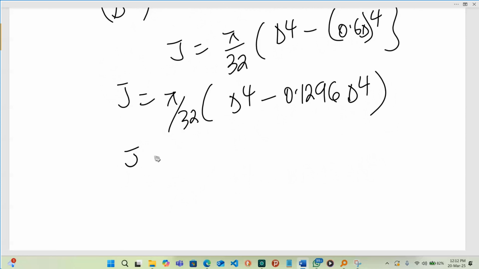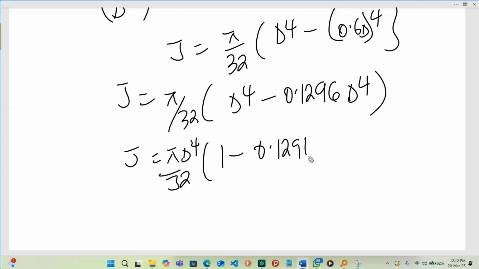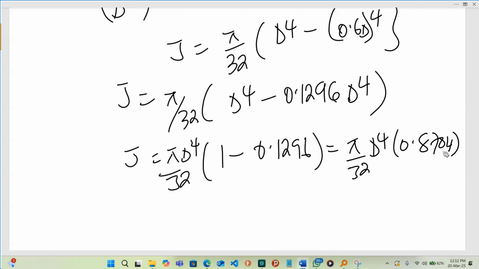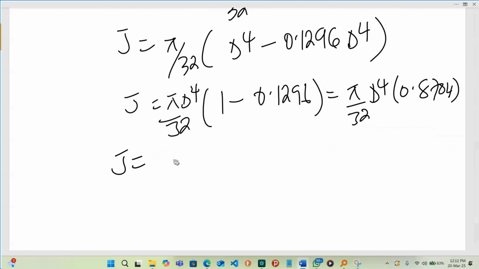So this is going to be pi out of 32 times D to power 4 times 1 minus 0.1296, which is pi out of 32 D to power 4 times 0.8704. So if now I remove that constant pi out of 32, J becomes 0.08545 D to power 4.